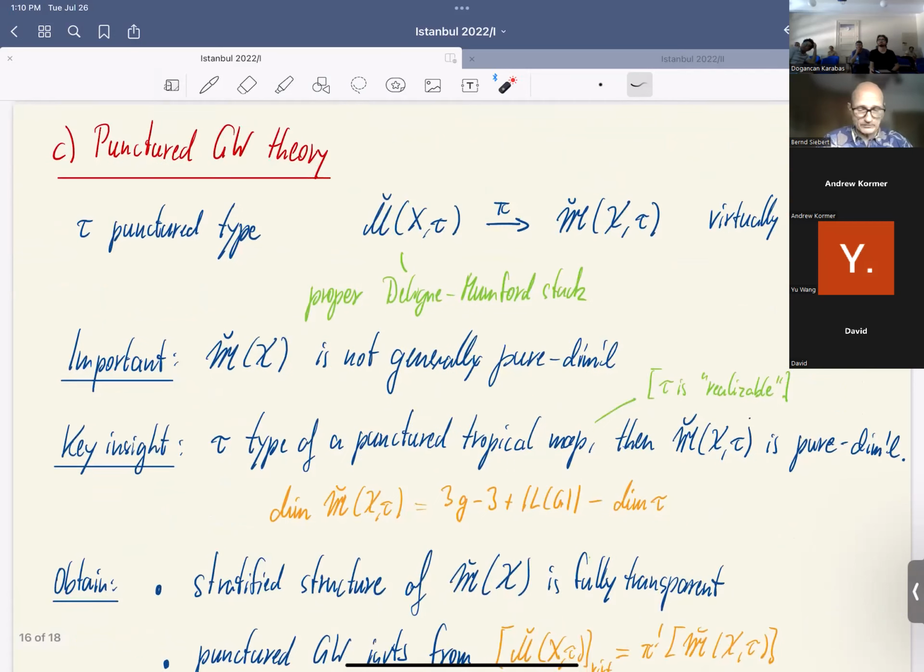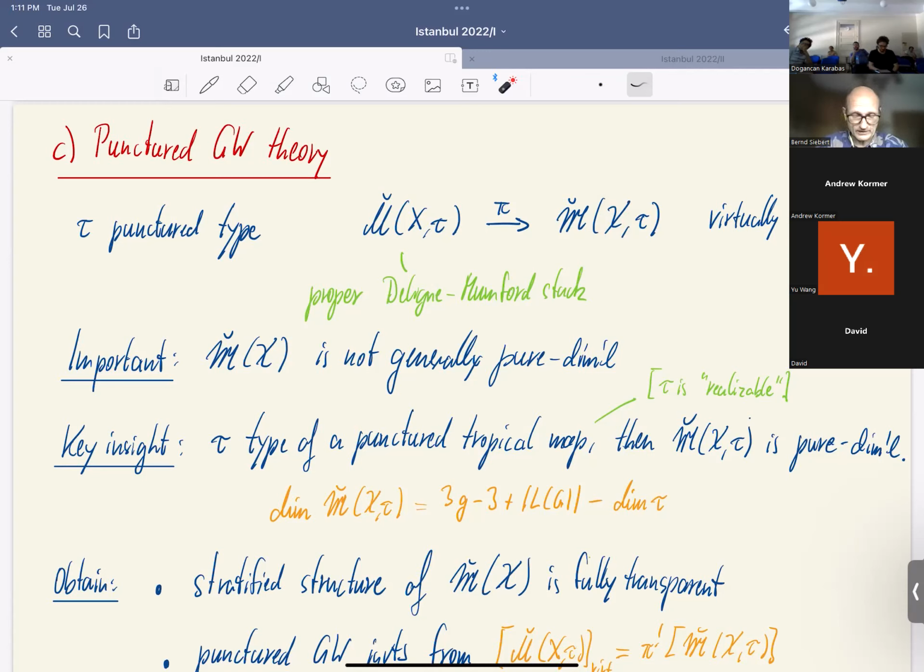So then punctured Gromov-Witten theory is pretty much the same now as before. You have a proper Deligne-Mumford stack of basic punctured log maps of a fixed type. And they map to an Artin stack of basic punctured log maps to this Artin fan of X, okay? And that's a virtually smooth map.